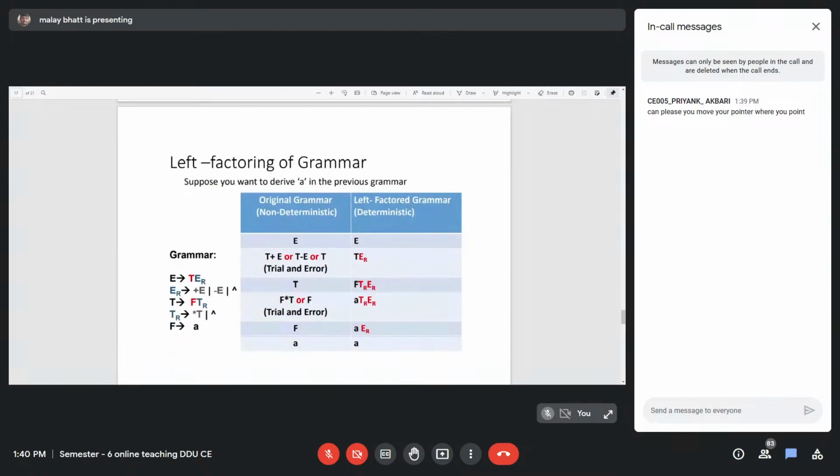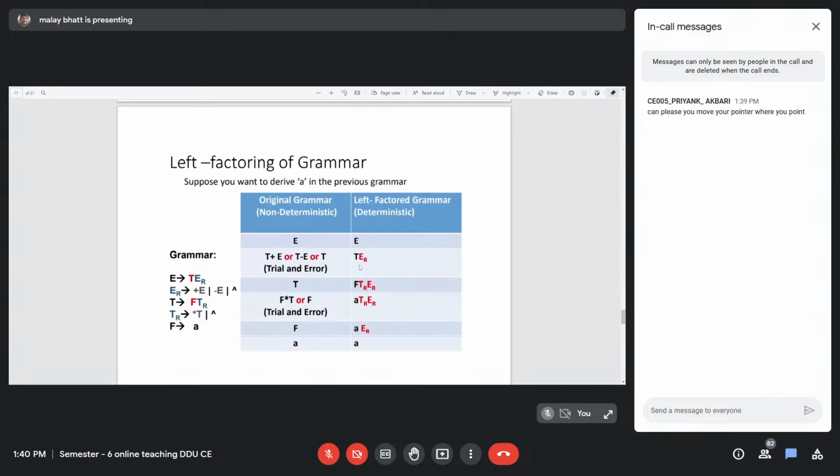So we have to do again a trial and error. Now, in case of left factored grammar, we don't have any alternative for E. We are selecting E gives TER.